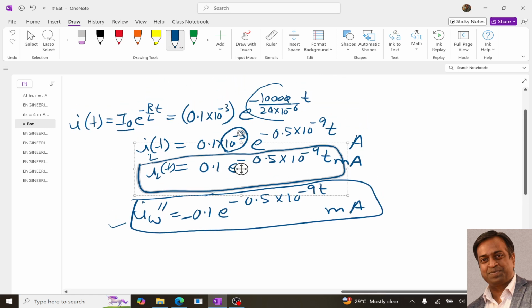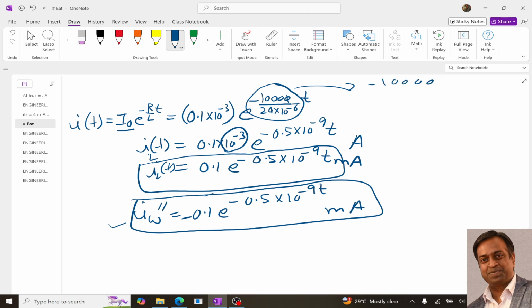So if you solve this, it is 1000 divided by 2 into 10 power minus 6.